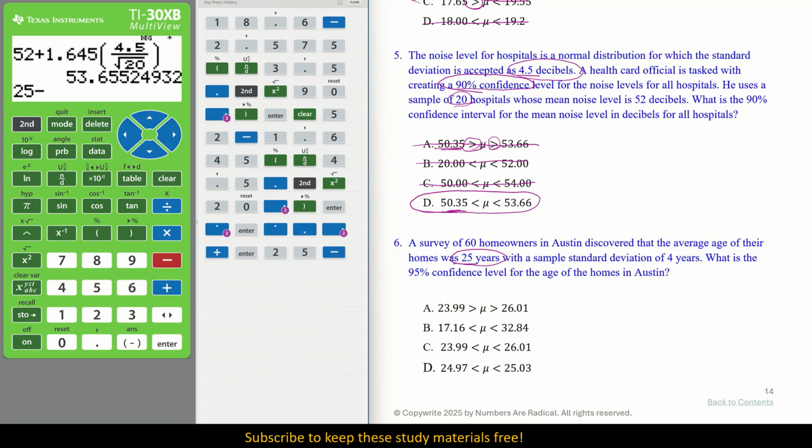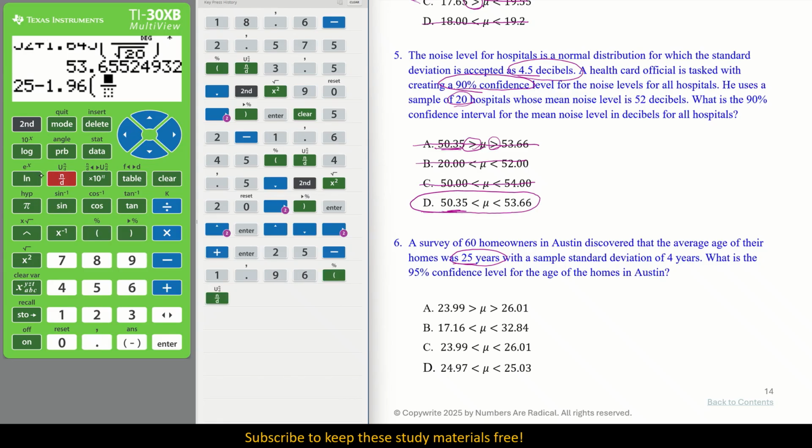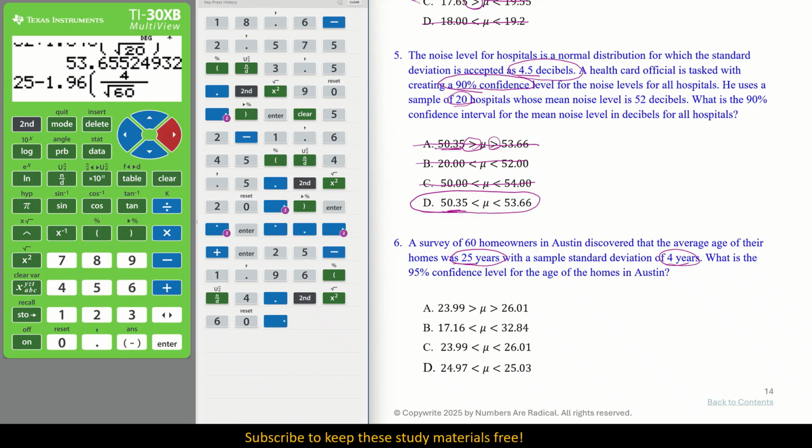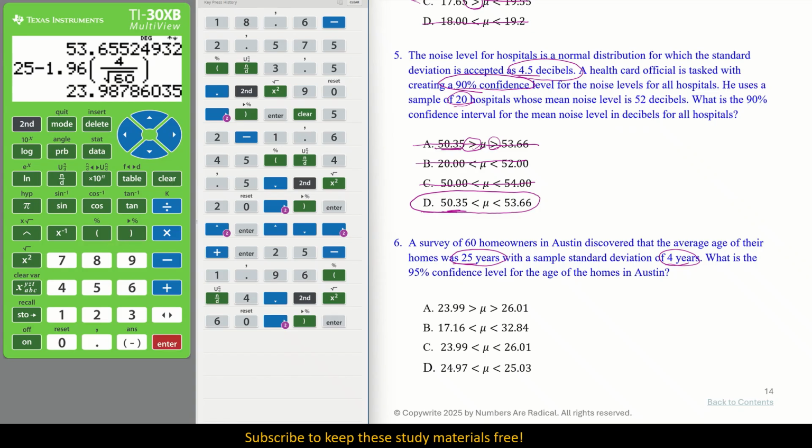Now, our z-score from our table is 1.96. All right, there's my parentheses and my fraction. My s is going to be my 4 here. And then second radical 20, let's see, yeah, that's the average age. No, 60 homes. Sorry, I was looking at the wrong thing. 60 homes, arrow over, and of course, I close my parentheses.